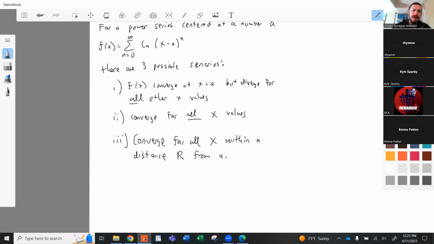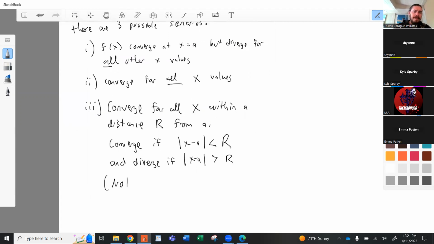In other words, converge if the absolute value of x minus a is less than R, and diverge if x minus a is greater than R. Okay.